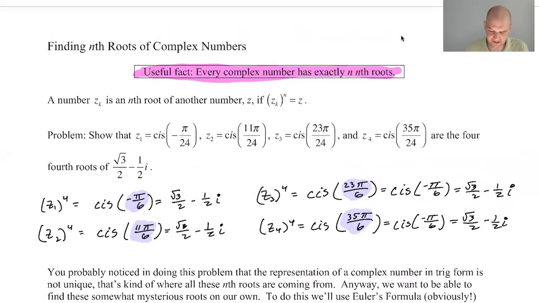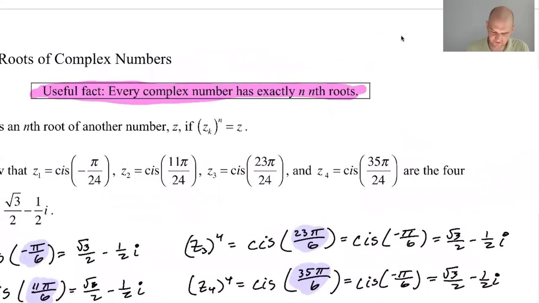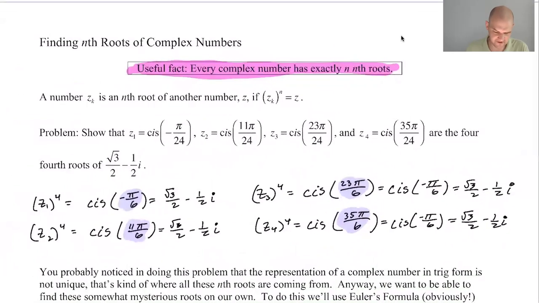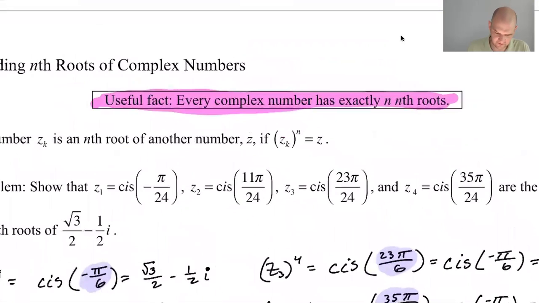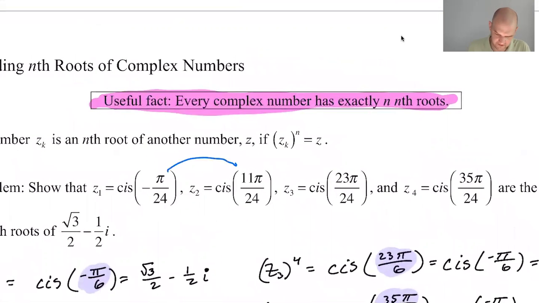So that's kind of interesting. Another interesting thing is that they all differ by the same amount. For example, from here to here is pi over 2. If I add 12 pi over 24, I get that. If I add it again, I get that.